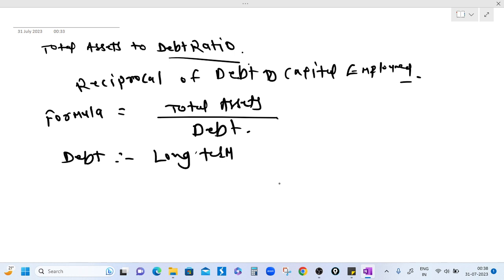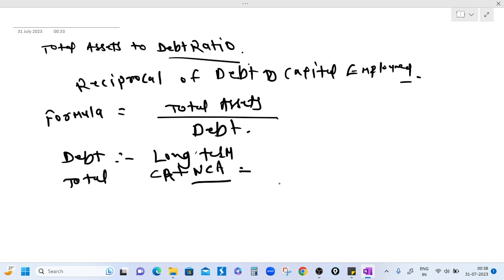Okay, and what is this total asset? Total asset basically depends. What do you mean by total asset? Sometimes people say that total asset is the total of the asset side, that is current asset plus non-current asset. But whenever you calculate ratios, wherever asset or net asset is coming, it means capital employed.